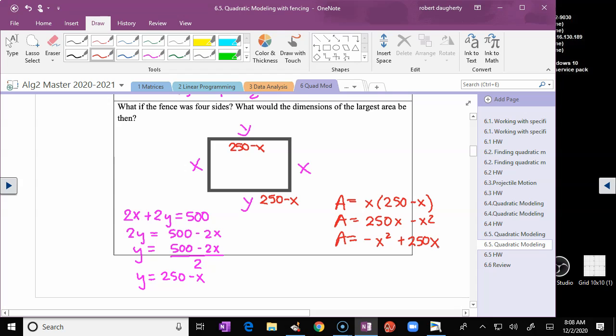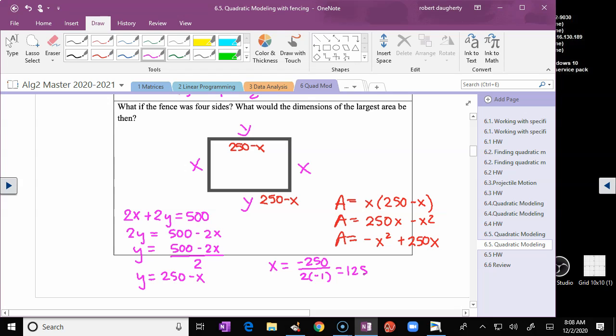That's a parabola that opens downward. If my goal is to maximize that area, I need to go find the vertex. The vertex is going to be x equal to negative b over 2a. So this is 125.